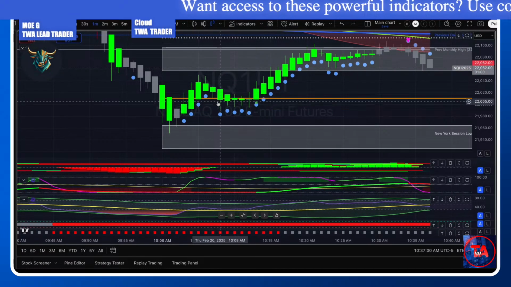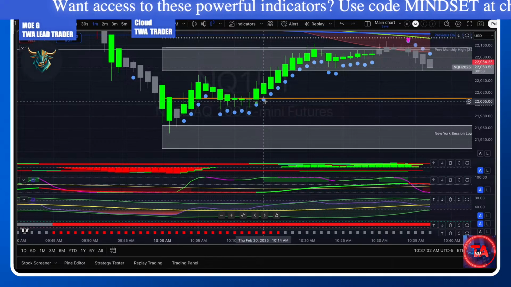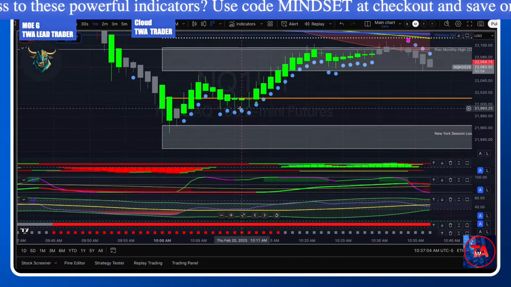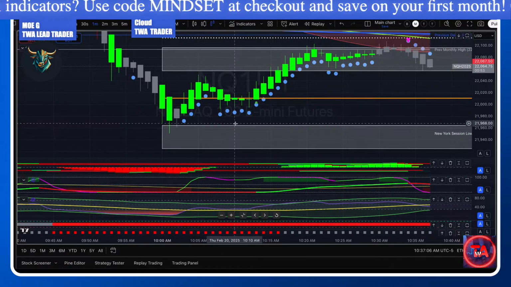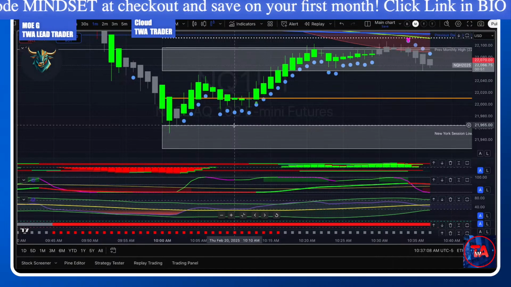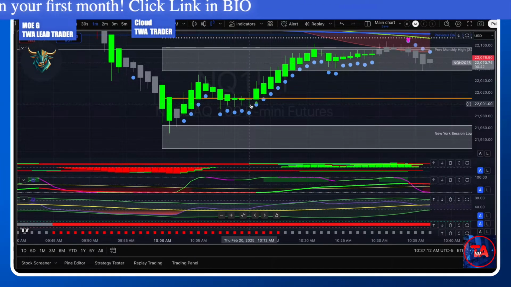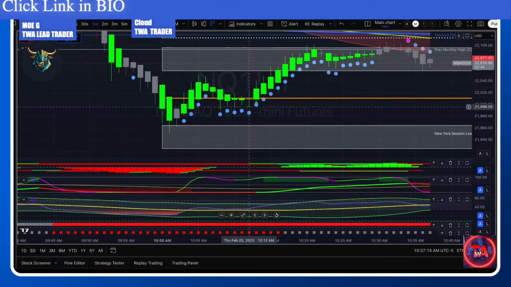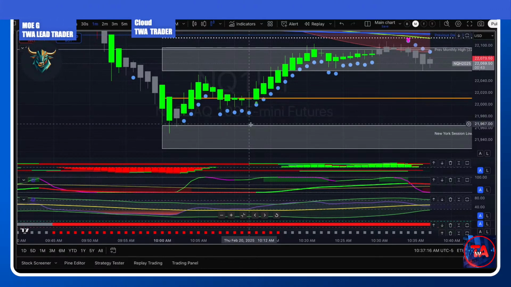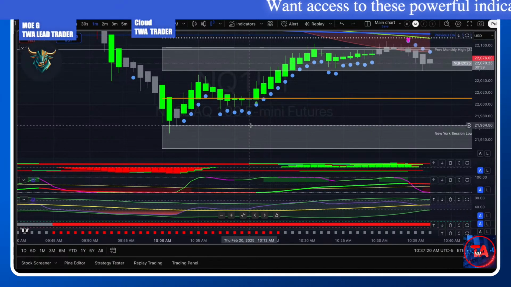I was being greedy again. Took it again right below the 22,000 psych level, and my stop was going to be down here. This trade right here I took with 50 micros. I was literally willing to end the day red with this trade. I don't know if it would have been red, but my stop was sitting right here on the top of the cheap box.